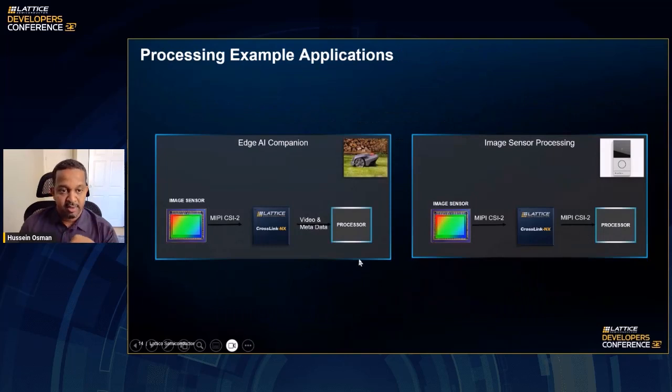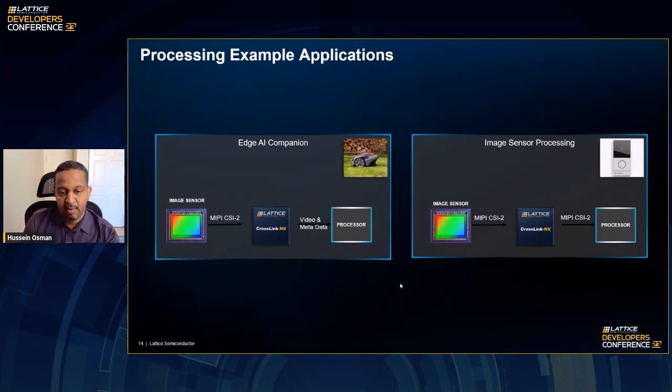Moving on to processing, on the processing side, we see AI processing as something that FPGAs handle very well, especially the low power side of things.